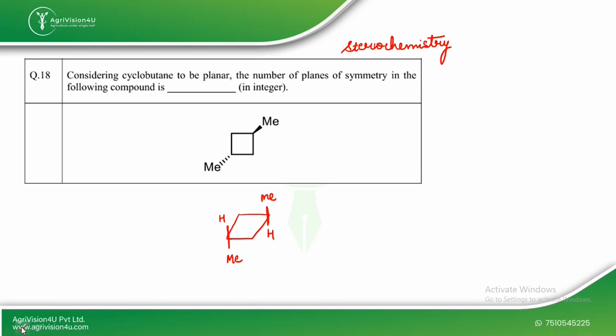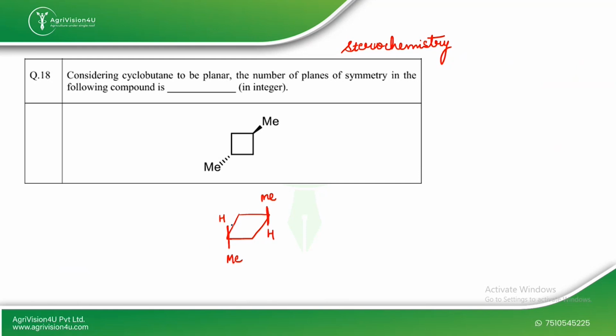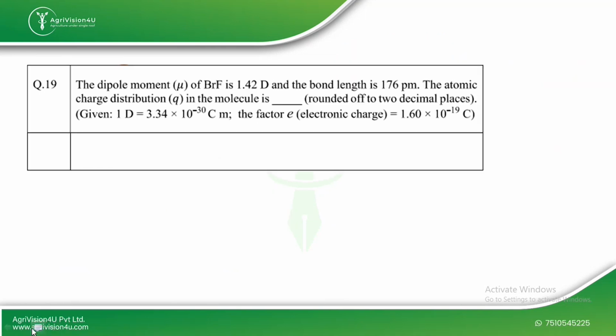So here if I draw the plane along this part, this way, this plane will cut along this, it will cut this also, it will cut this also, which means that the number of planes of symmetry present in this entity is 1. This along the diagonal. So the number of planes present will be 1.